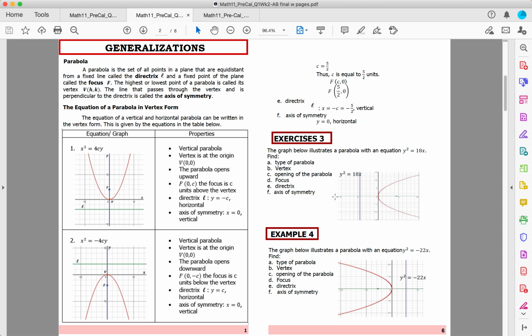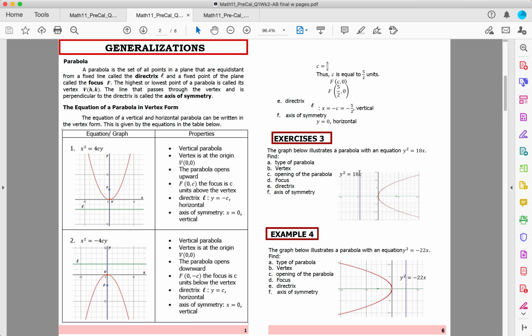This time, the axis of symmetry is the x-axis. So the equation for this would be y equals 0, because it's a line crossing the y-axis at 0. So y equals 0 is the equation of your x-axis. For the directrix, the equation is x equals negative 4.5. Why is it x equals negative 4.5?